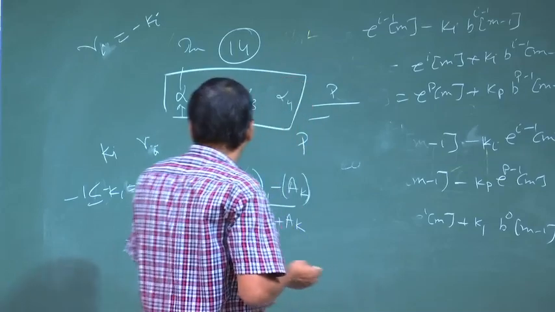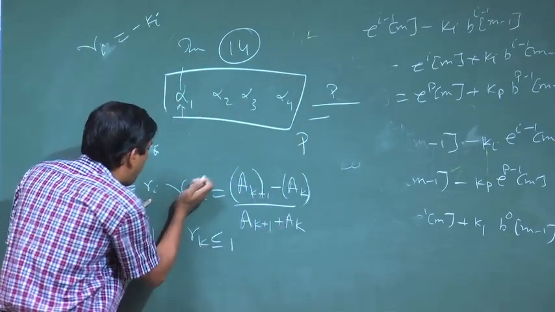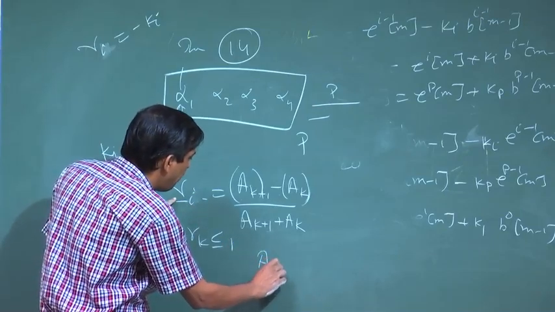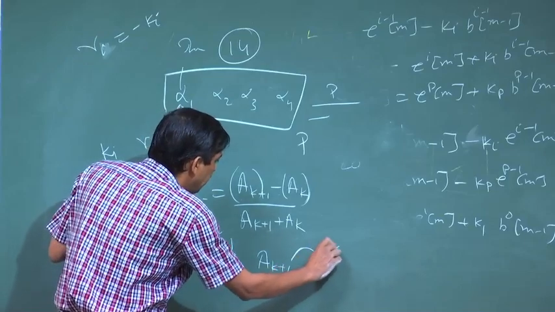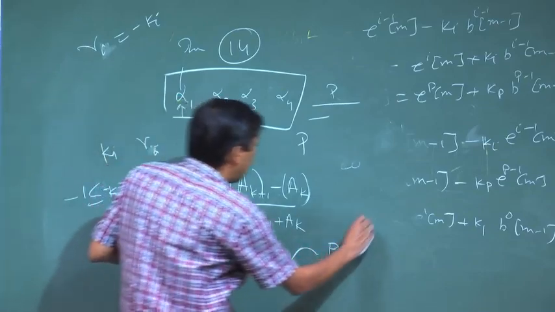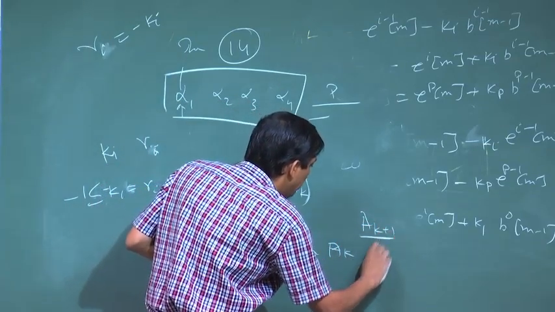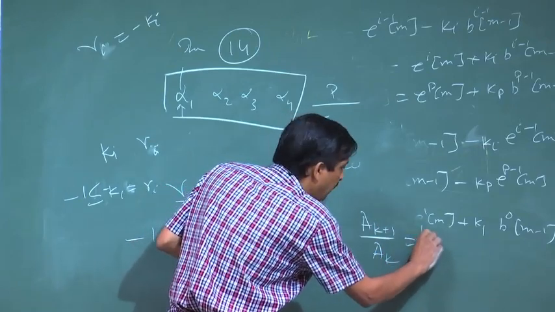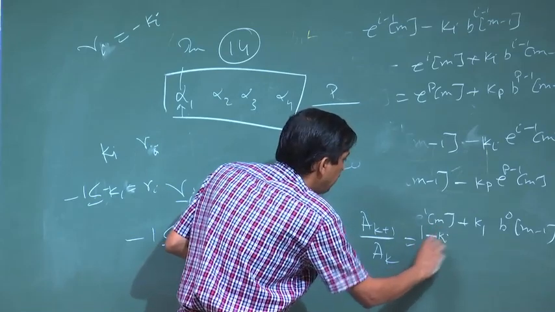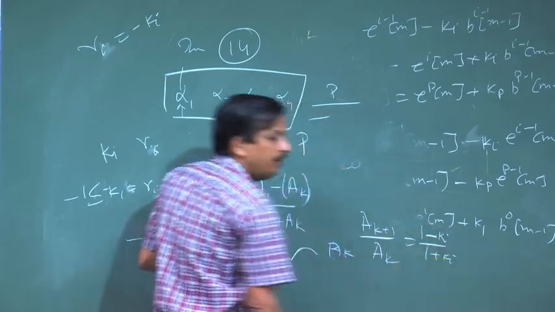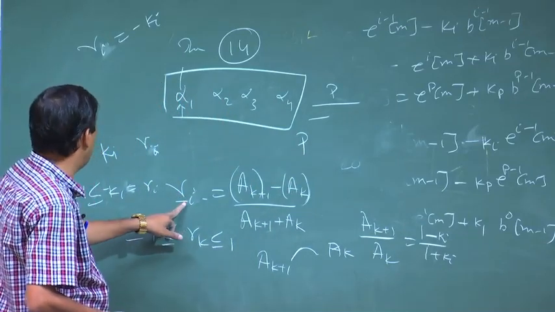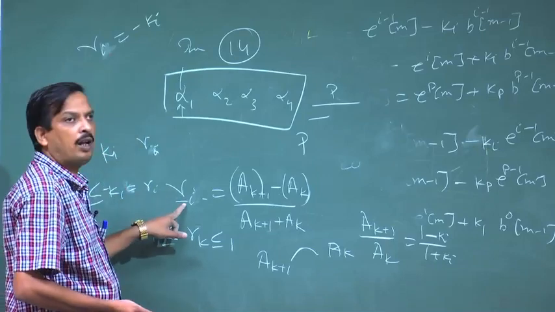Now, if I know the r_k value or r_i value, then I can express A_{k+1} in terms of A_k. A_{k+1} divided by A_k is equal to 1 minus k_i divided by 1 plus k_i, if I put the k_i value.